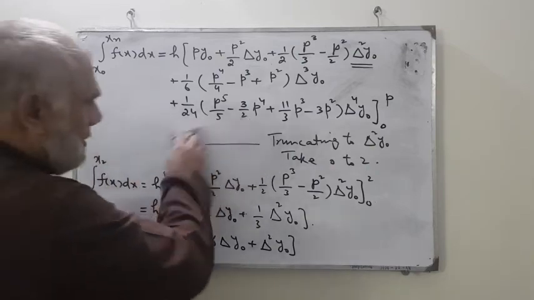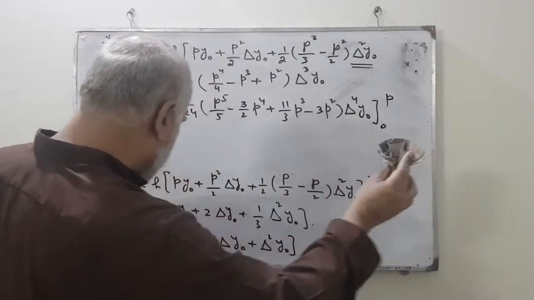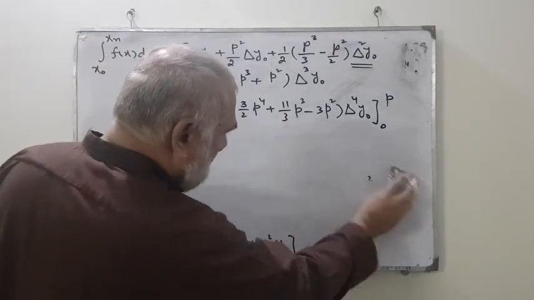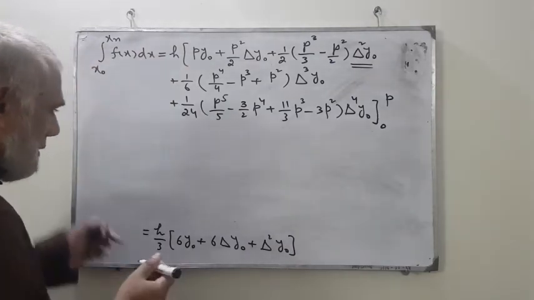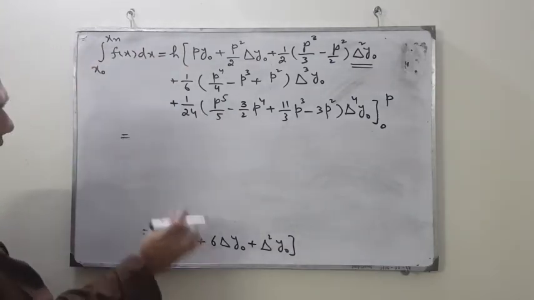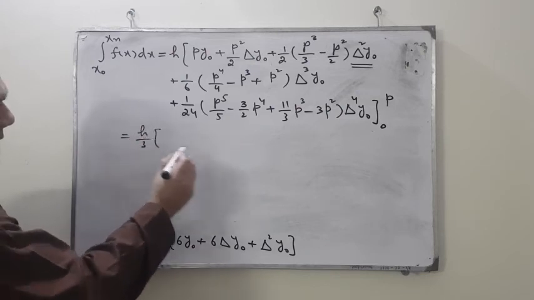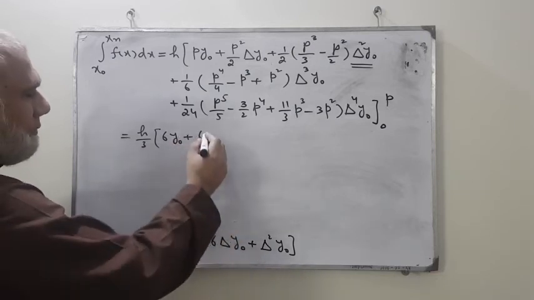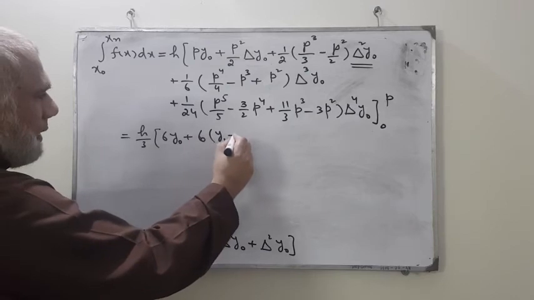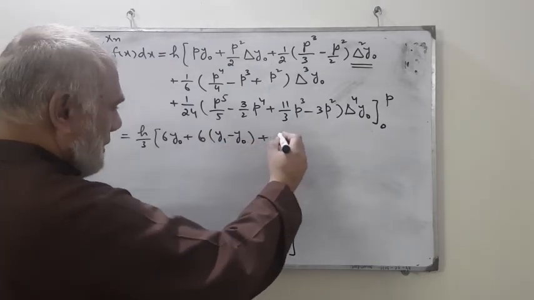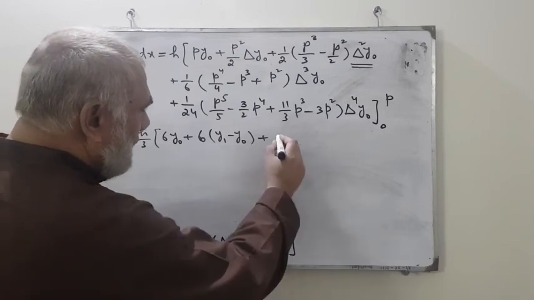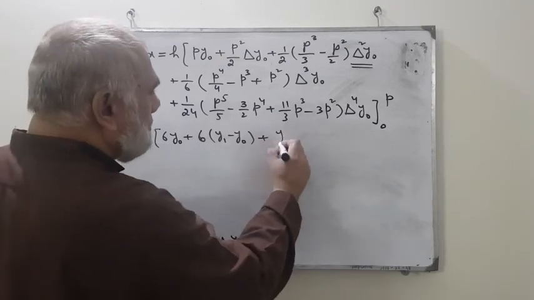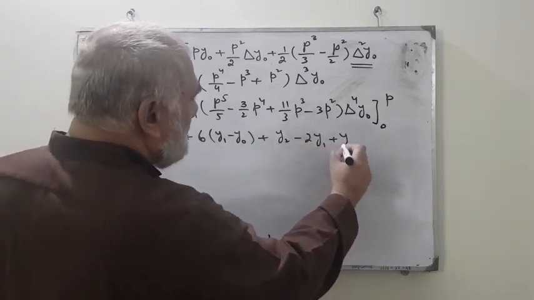So let me create some space to write here. I'll be starting from here. Okay, after doing this, now if you keep on writing it as it is, inside there is 6y0 plus 6 times, and the forward difference definition gives you (y1 minus y0), plus delta 2 y0, whenever you apply it wisely, this gives you y2 minus 2y1 plus y0.